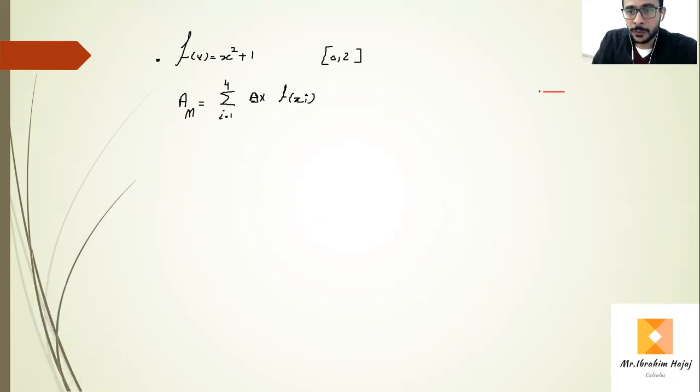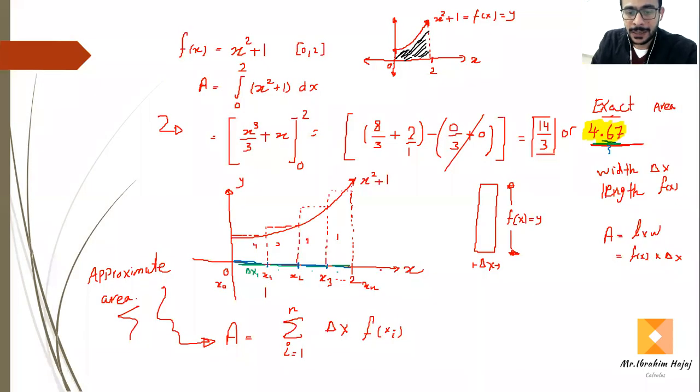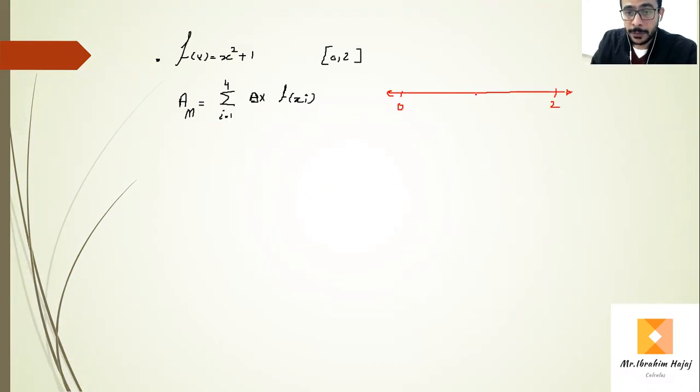Let's draw now the same number line from 0 to 2. The number line that represents what? It represents the x-axis and how the sub-intervals are divided. We said we have 4 rectangles, so 5 points: 1, 2, 3, 4, 5.